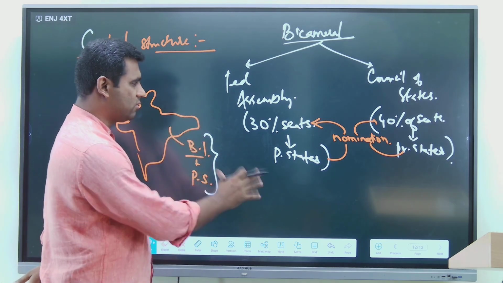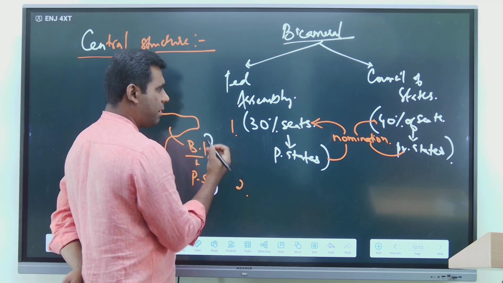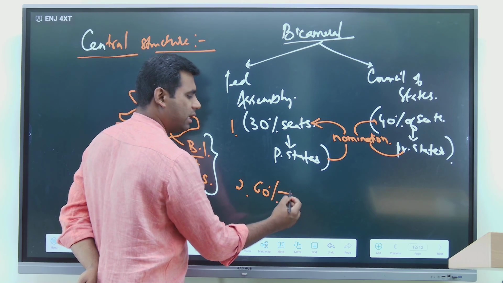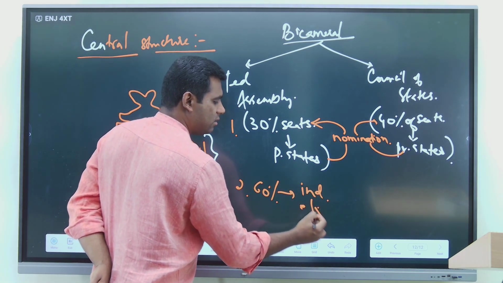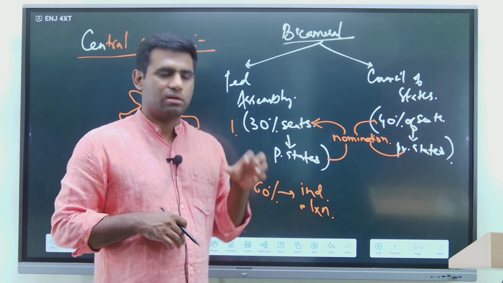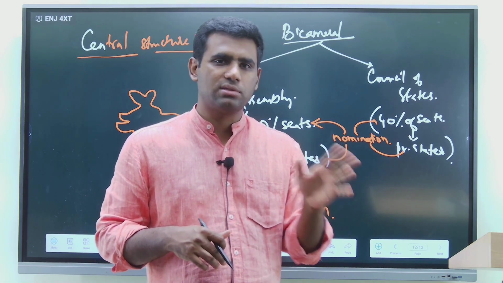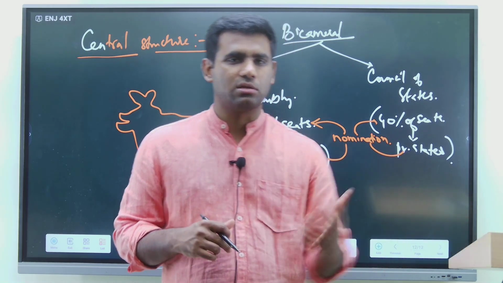Please pay good attention to what I have to say now. From British India, members to these 60% of the seats will be filled by indirect election. This is very similar to present day Rajya Sabha's election. In Rajya Sabha, the members are chosen based on proportional representation by single transferable vote, and the electors are members of the state legislatures.